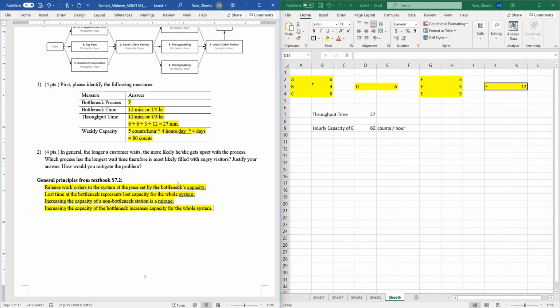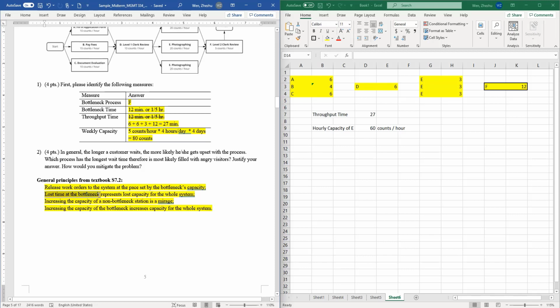That follows the bottleneck time of your bottleneck process, which is 12 minutes. So you release customers at 12-minute intervals. That's one approach you can take.